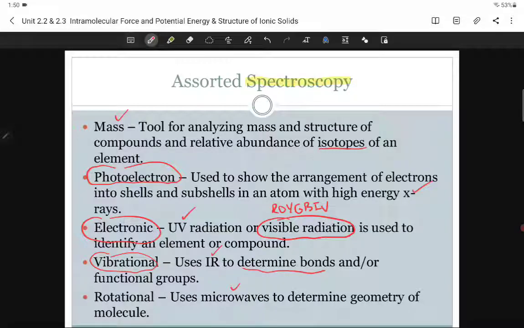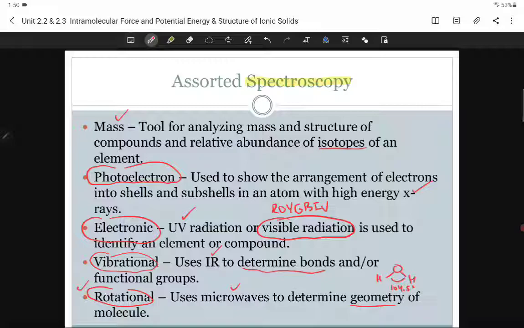And then you can look at rotational to figure out geometries. So, for instance, oxygen and hydrogen have a bond angle here of 104.5. Well, how did that get figured out? With rotational spectroscopy.